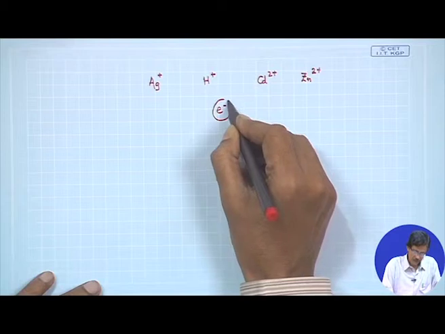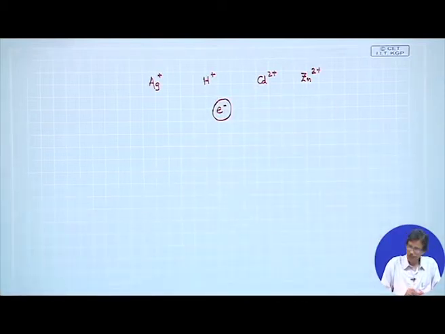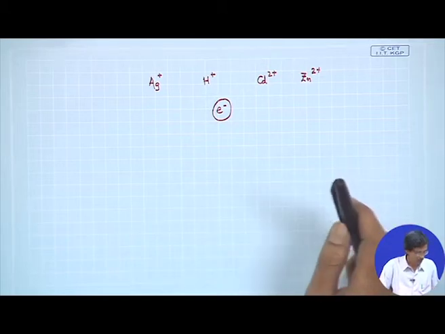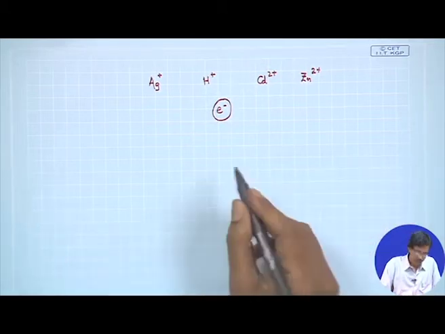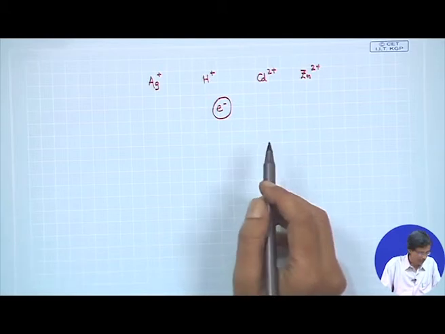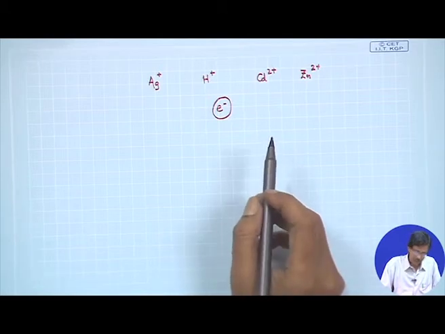That is the most important thing. What we are looking for is the corresponding reduction of all these species, and whether their relative strengths can vary for their electron accepting behavior.